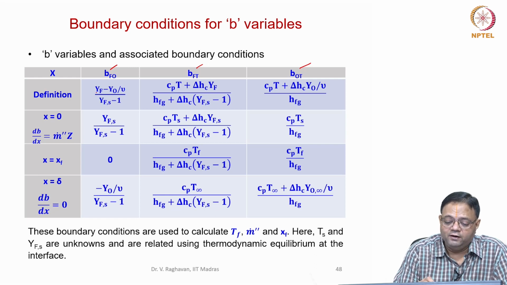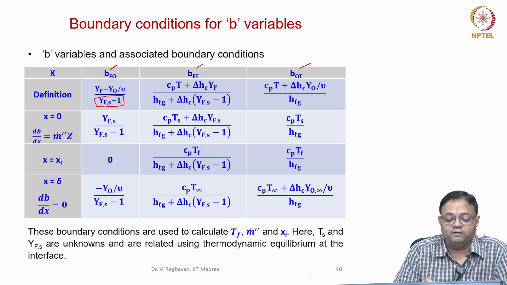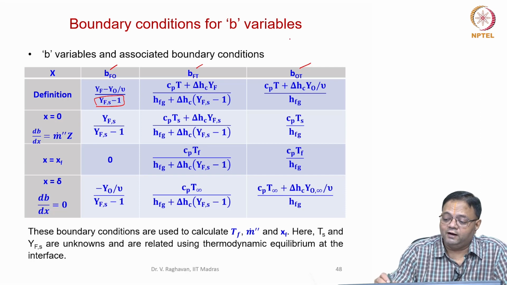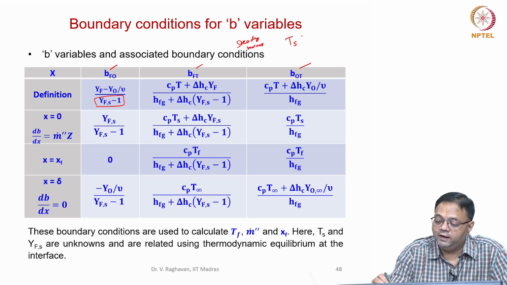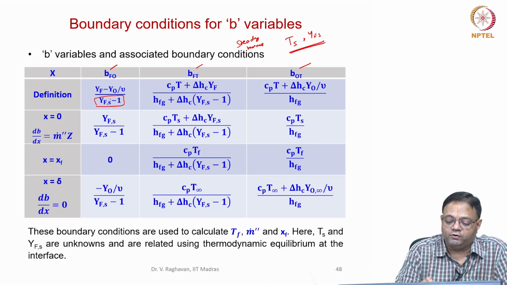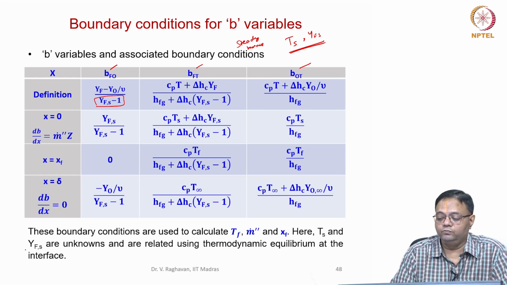So what I did is divide this variable by a constant value, YFS minus 1. Since in steady burning TS and YFS are almost constant, they are not going to vary anymore. So I can say YFS minus 1 is a constant, and I am just normalizing by this value.